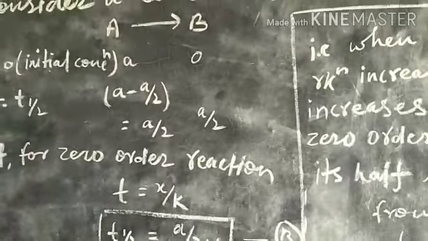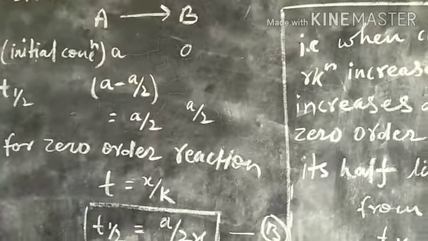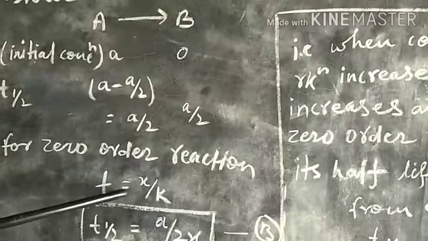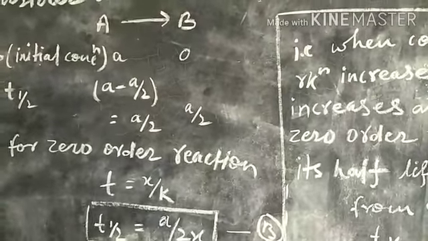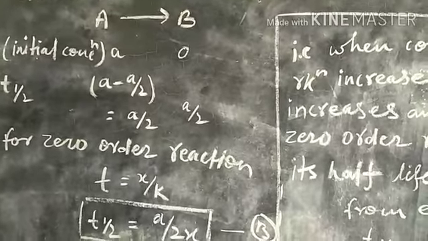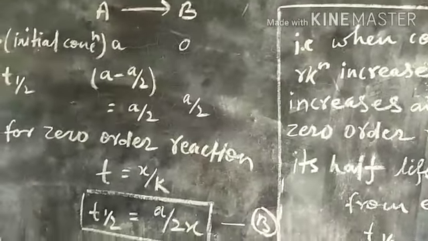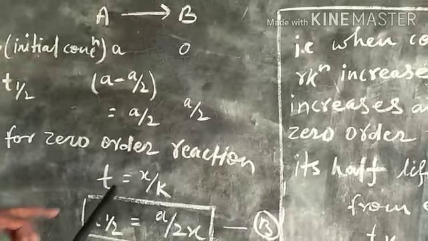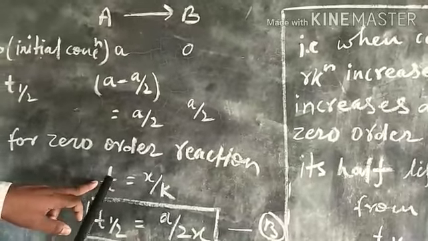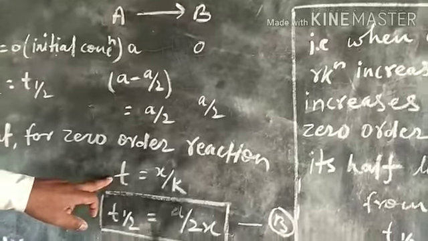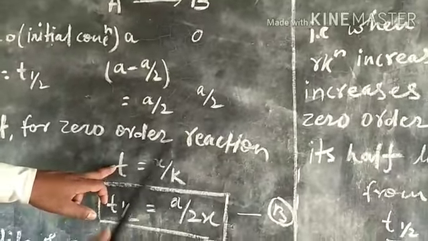So we know that for a zero order reaction, t equals x by k.